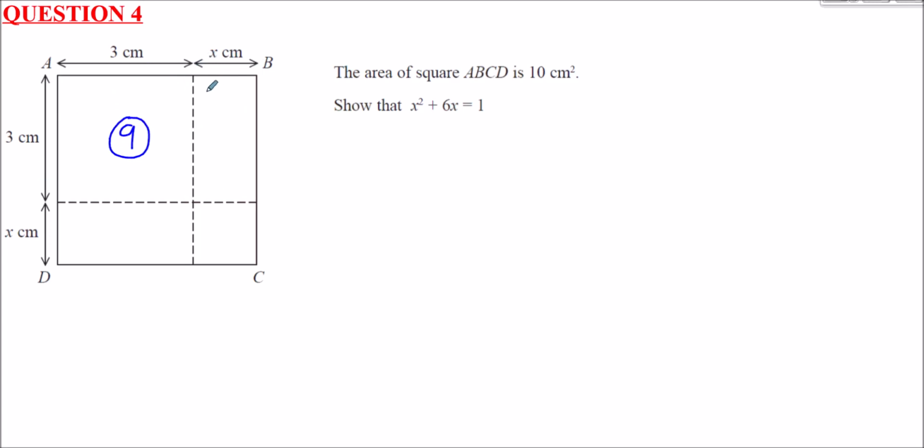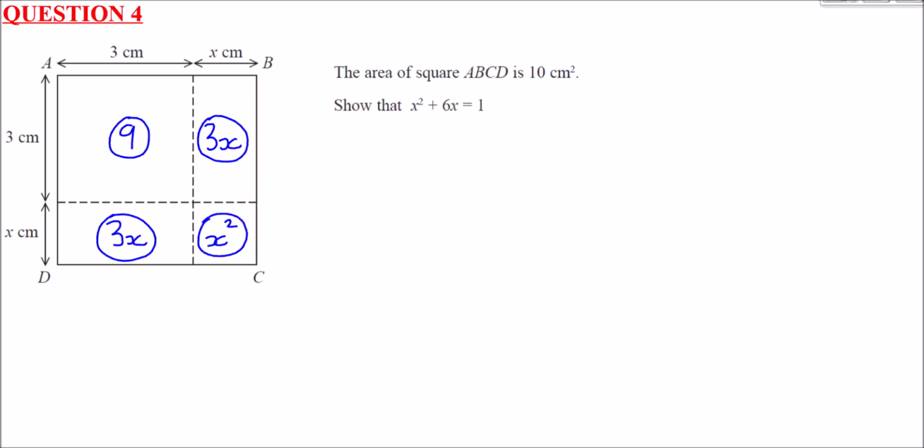So the area of a rectangle is length times width, 3 times x. This one here is 3x. This one here, again, it's x wide, it's 3 along. X times 3, or 3 times x, is 3x. Finally, in this bottom corner, it's x long, x high, x times x gives us x squared.